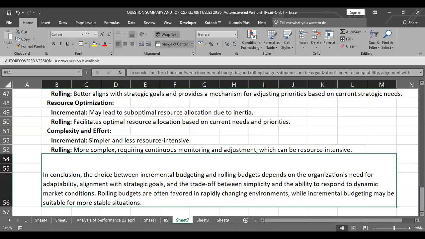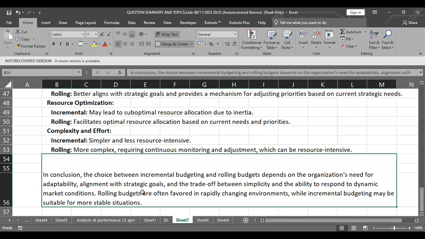Rolling budgets are often favored in rapid changes, while incremental budgets may be suitable for stable situations. So you are correct, they seem to be the same. Why? Because change is the main thing they adapt to.